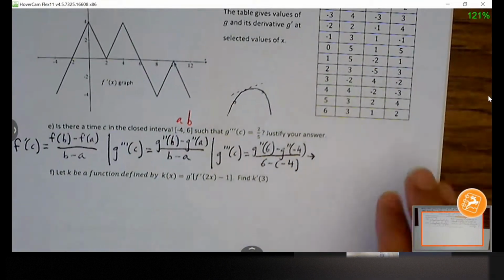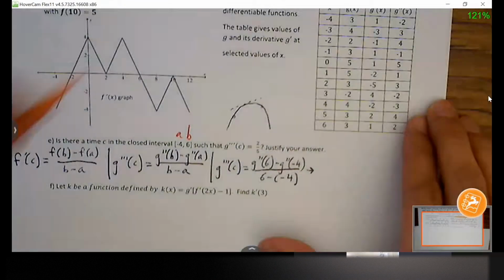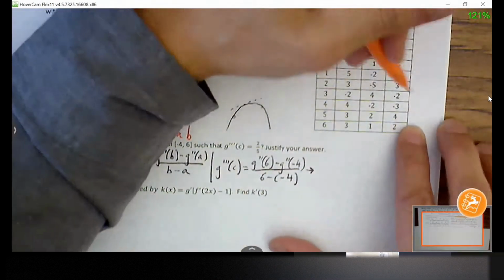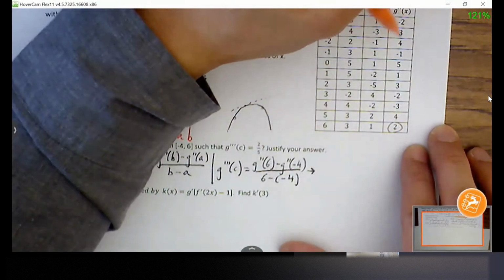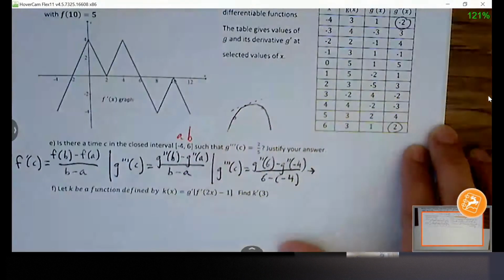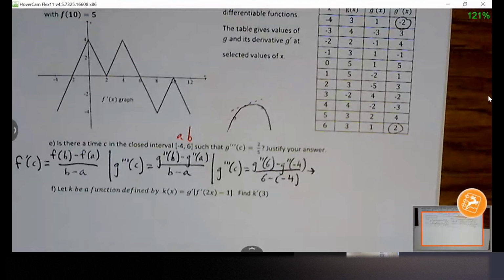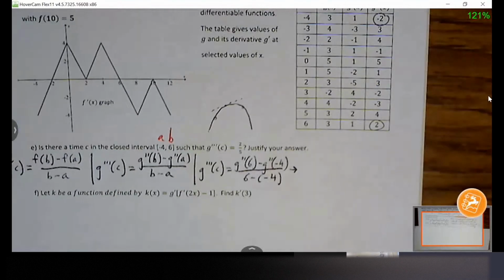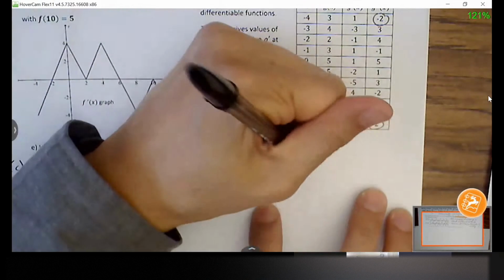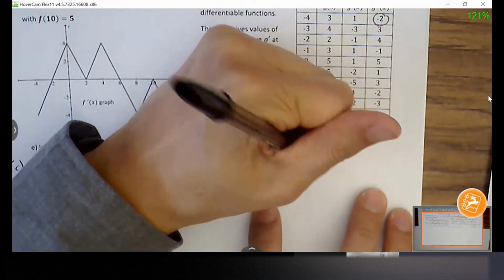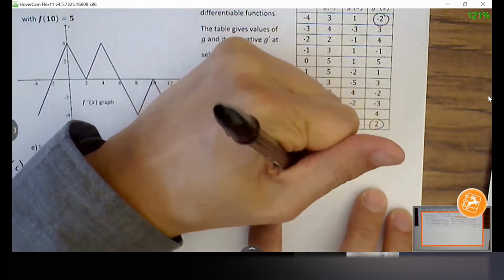All right, we're just going to pick off values from our table. Does this work out?